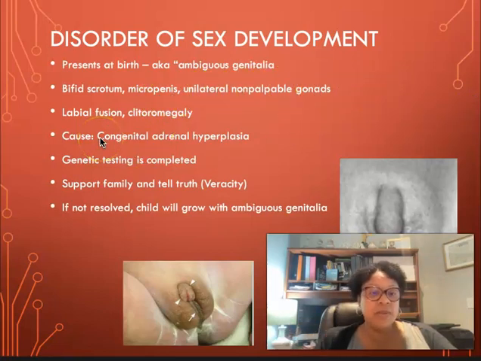And for our females, the labia may be fused, and the clitoris will be very swollen, which we may think is a penis until we look a little closer and realize, no, that's not a penis, that is a clitoris. So we need to be very mindful and very clear about whether this is a girl or boy.